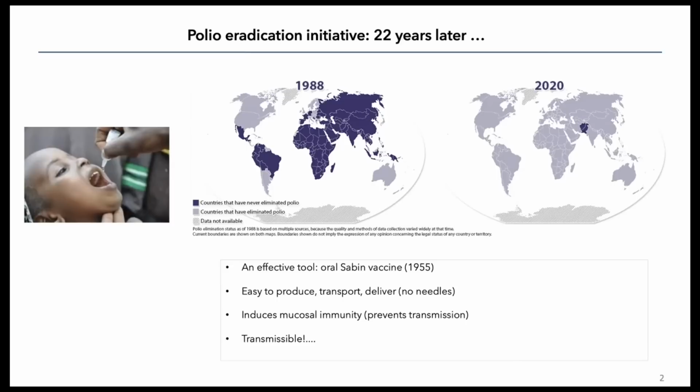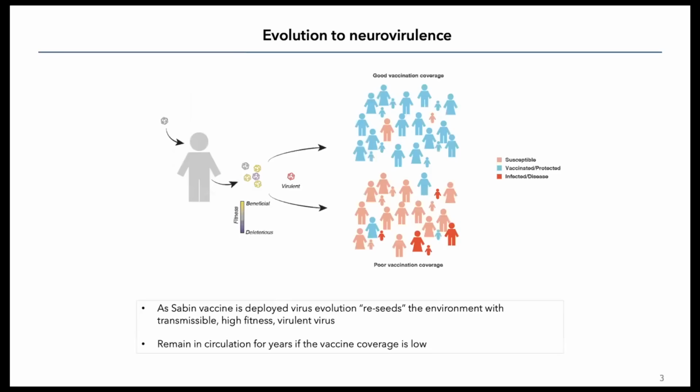And so it's been very successful. But of course, if you don't have a complete, good coverage vaccination in the population, this enables viruses that are shed from the vaccinees to circulate in the population. And over time, this can develop viruses that regain fitness, circulation capacity, and virulence.